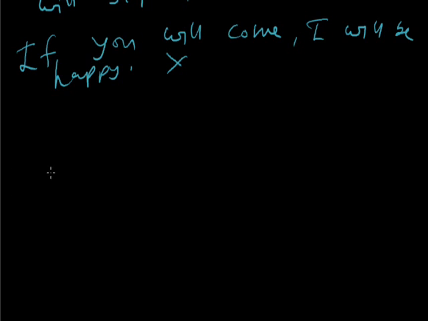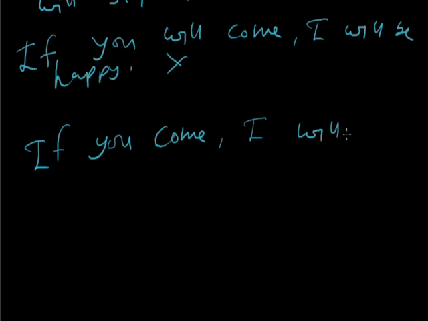So it has to be, if you come, I will be happy, and then it would be the right sentence, because in the conditional clause there has to be only first form of the verb, and in the resultant clause there has to be will plus first form, as we have seen.